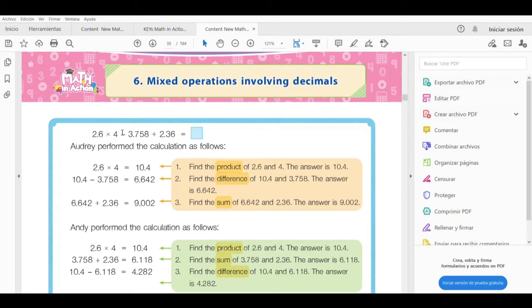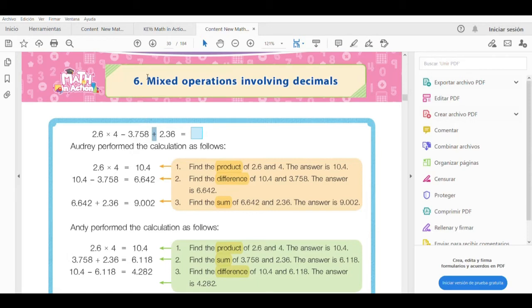We have learned subtraction of decimals, and we can add decimals, as you see here. We know how to multiply, subtract, or add: multiplication, subtraction, or addition of decimals.